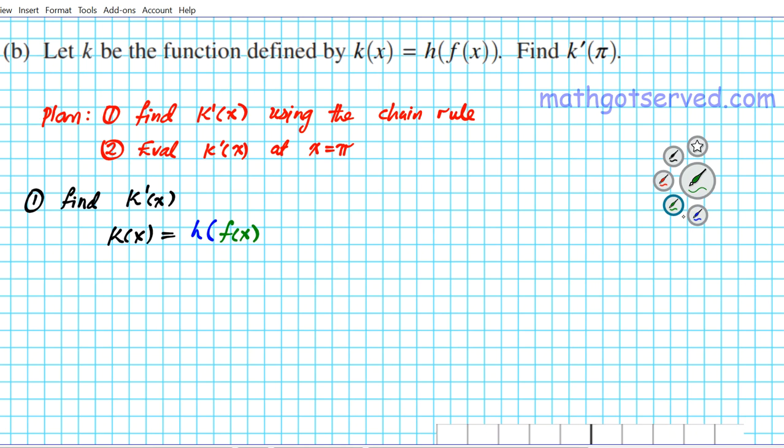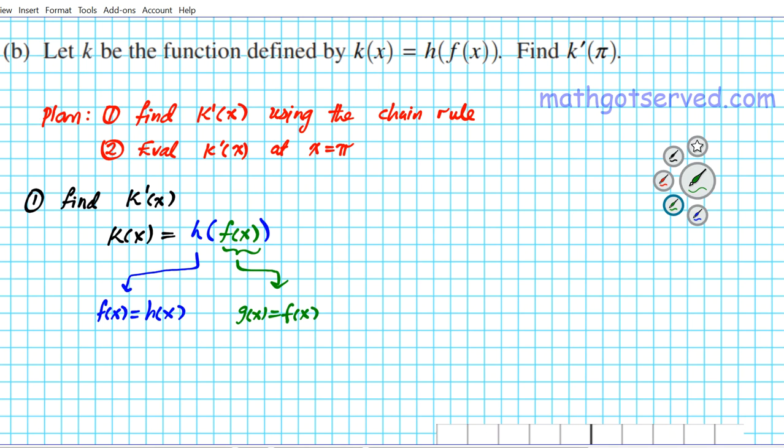We're going to make our chain rule look colorful here. We want to look for the derivative of k, so first we're going to decompose k. The outer function is h. Let's call that f, so let f of x be h of x. And then our inner function is f of x. Let's call that g. Some people like to call it u. It doesn't matter.